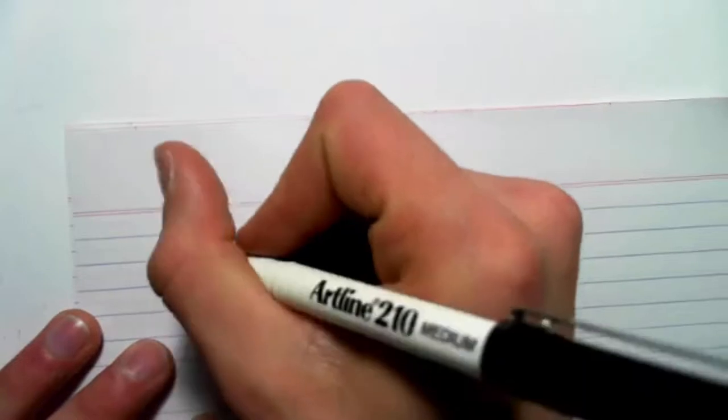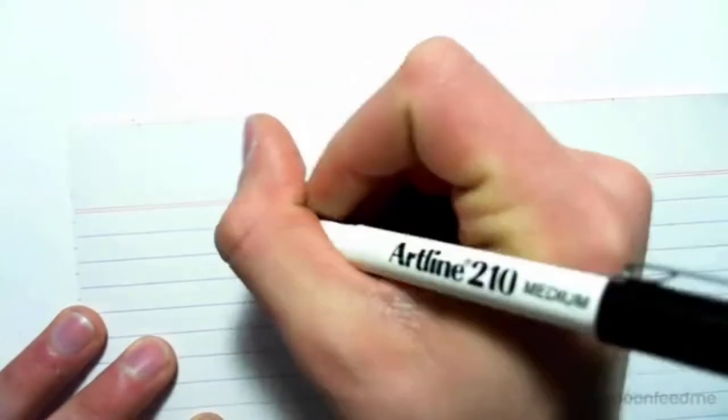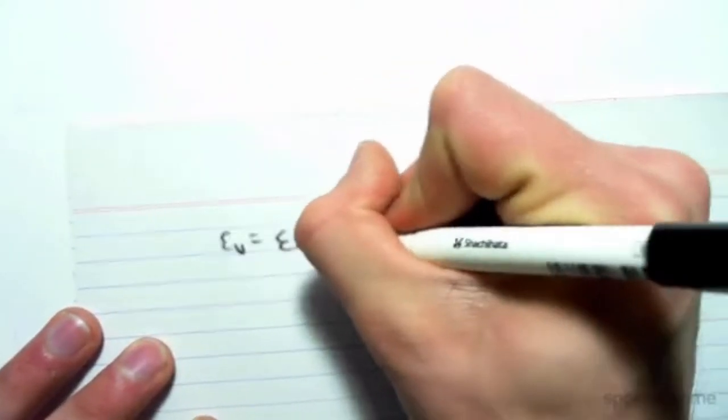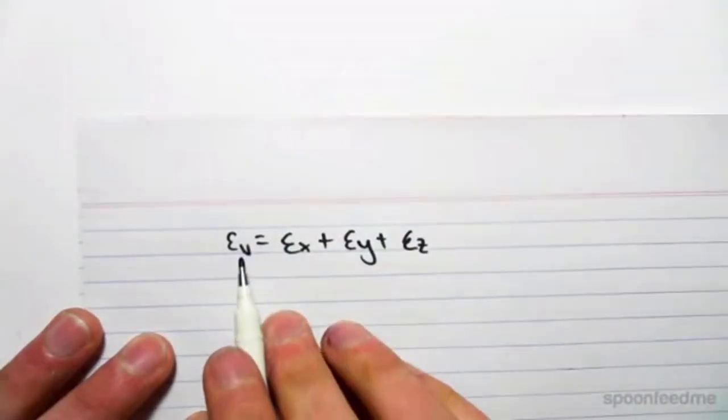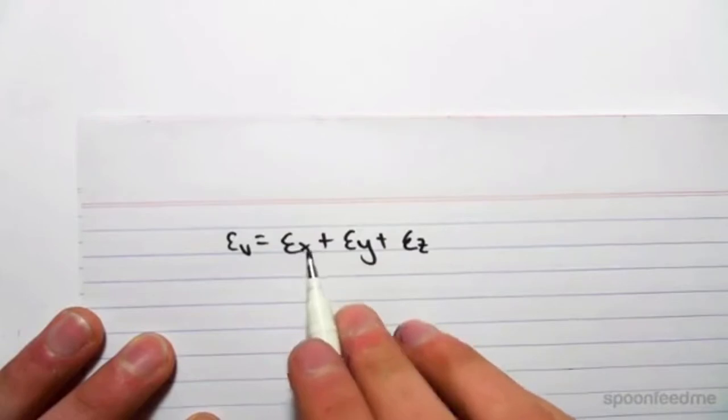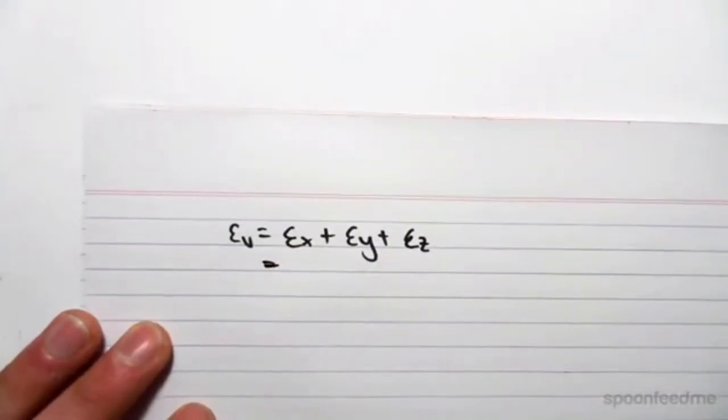We can now find the volumetric strain. So EV is equal to just the components. So this is now the 3D volumetric strain, and these are just the components X, Y, and Z. So we would just add them up.